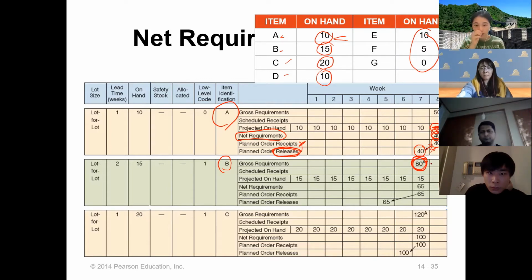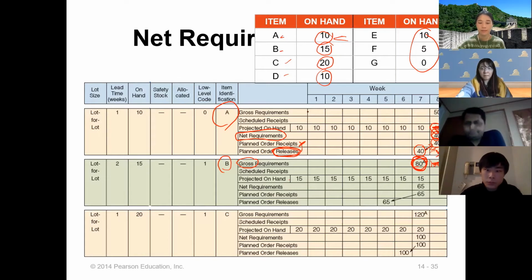No, not even 120. It is 50 times 2, which is 100. Understand? So instead of 80, you must have 100. But in this case, we are requiring only 80, which is the gross requirement. All right.